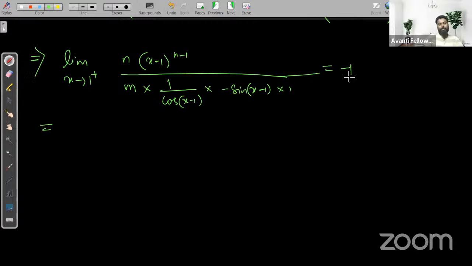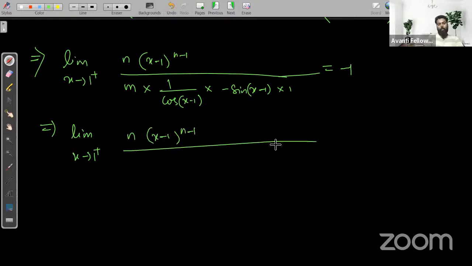Okay, so finally we are getting the limit as x tends to 1 plus of n into x minus 1 to the power n minus 1, whole divided by m into minus of sine of x minus 1 divided by cos of x minus 1.